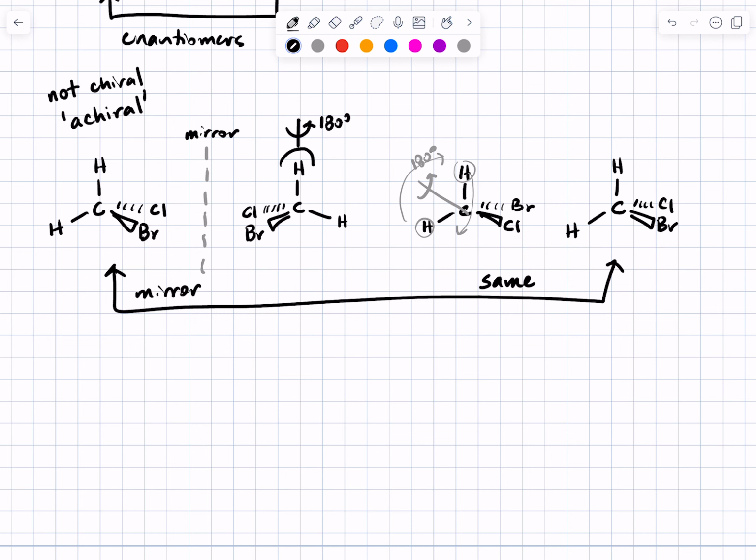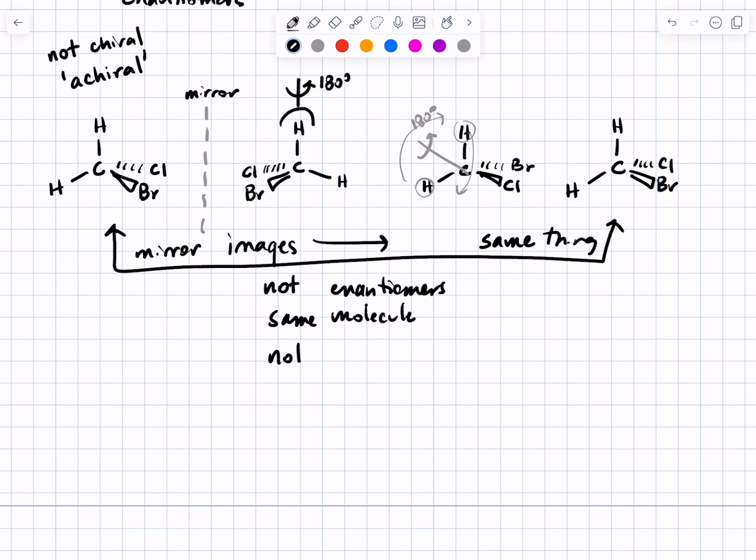They are mirror images of each other that are the same thing. Therefore, they are not enantiomers, but are just the same molecule. And because the molecule is the same as its mirror image, we will say that the molecule is not chiral.